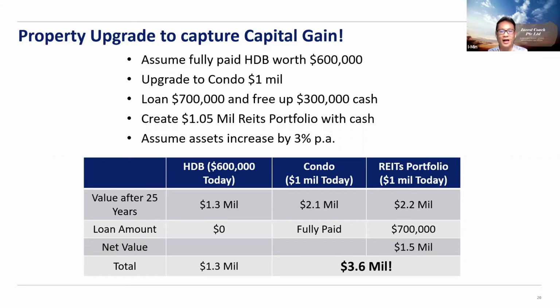Then the 300,000 I take from my 600,000, I go and pay down the condo. Then I have 300,000 cash left. This $300,000, I go and do margin on REITs. And then the dividend, I use it to service my mortgage. I don't have to pay anything already. Did I answer your question? The condo is 1 million, I pay 300,000.